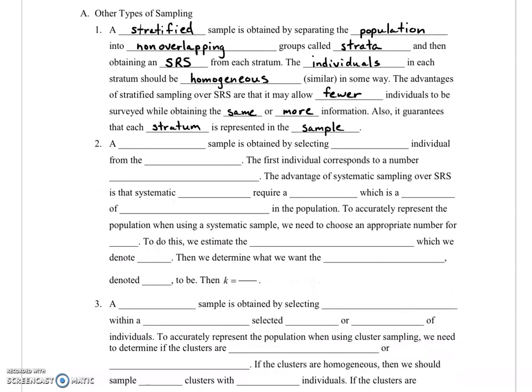The next one we want to talk about is a systematic sample. So a systematic sample is obtained by selecting every kth individual from the population.